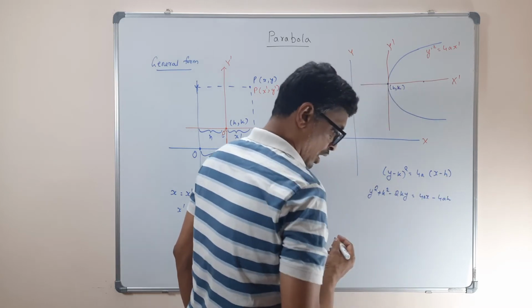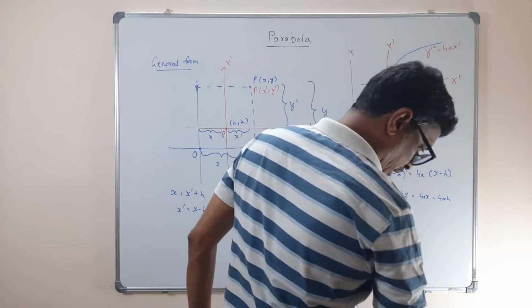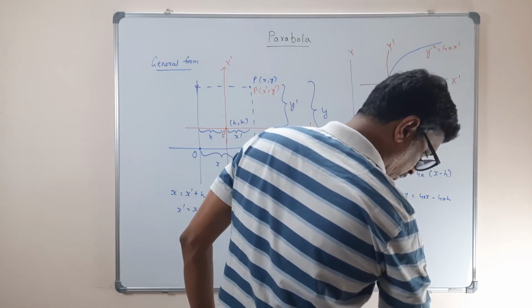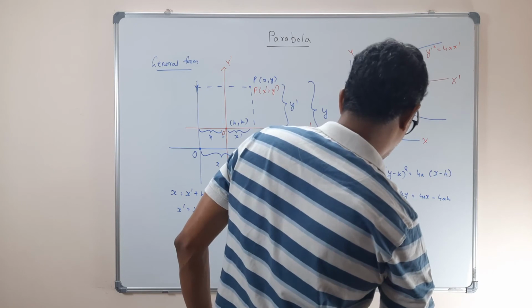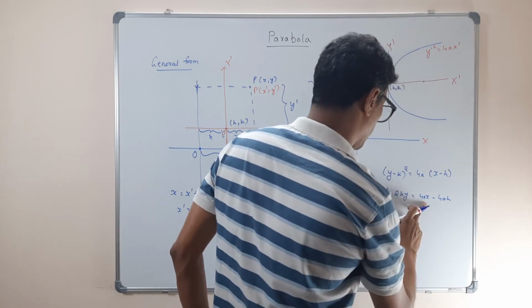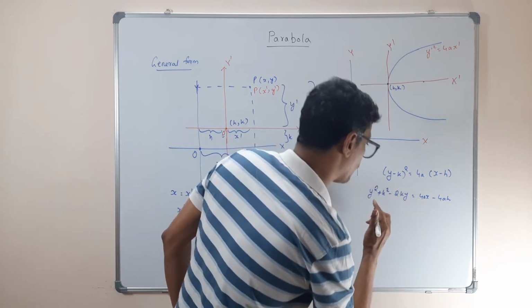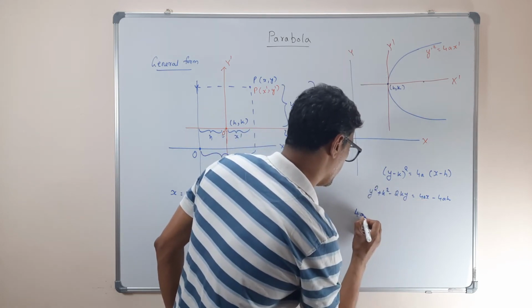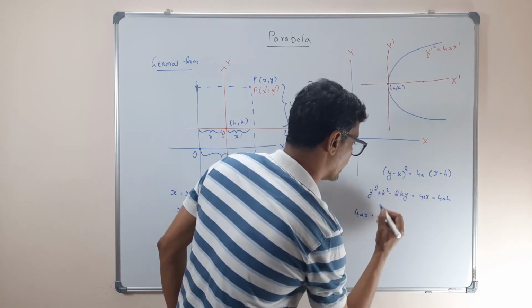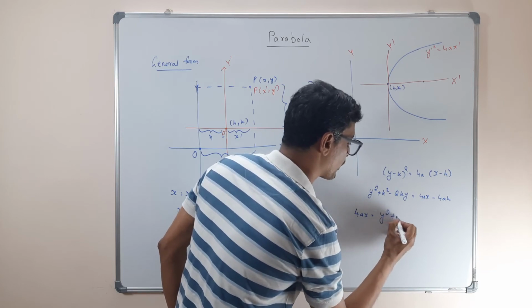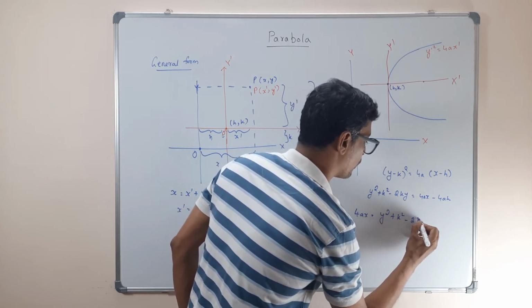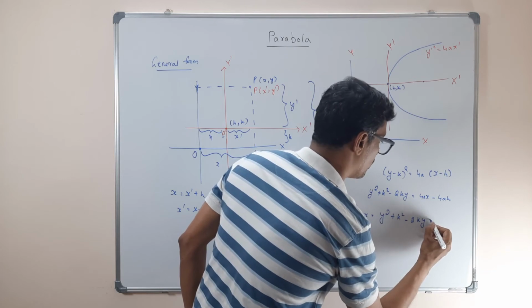So from here, 4ax will be equal to y square plus k square minus 2ky plus 4ah.